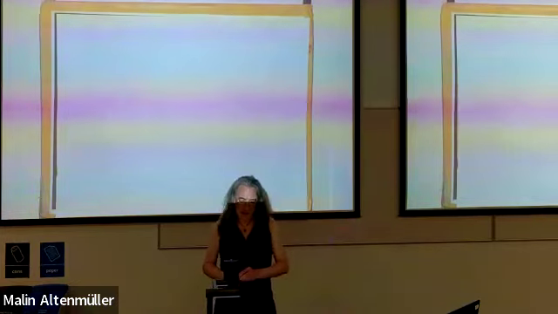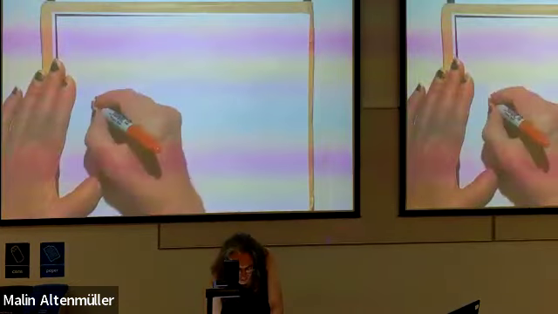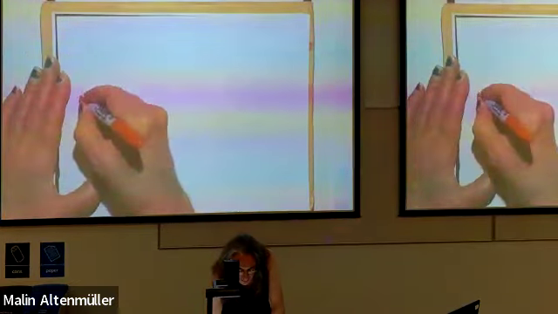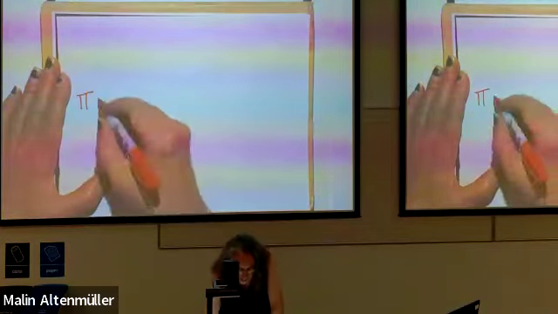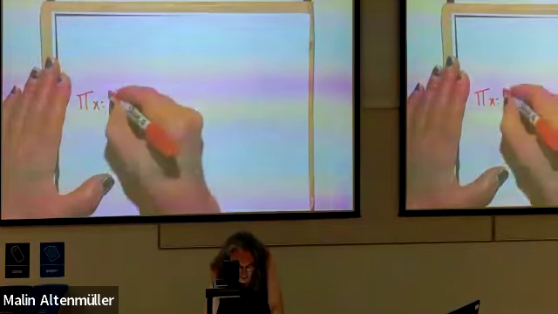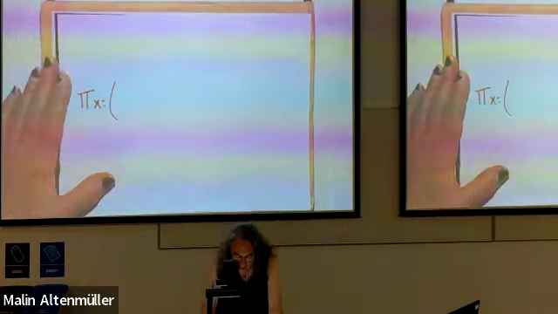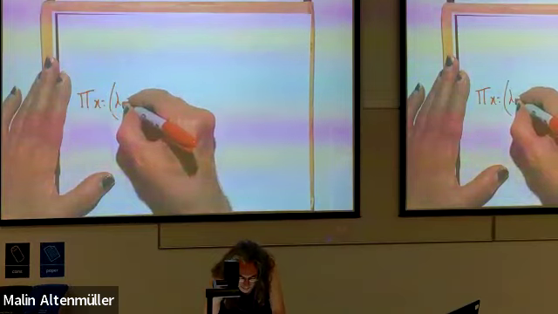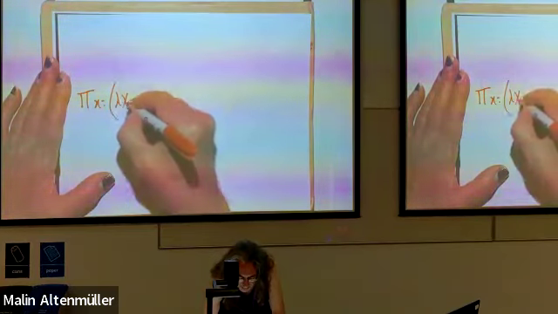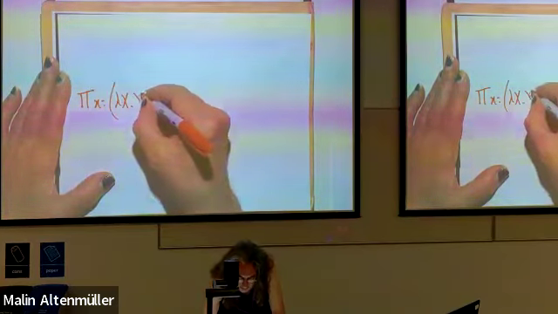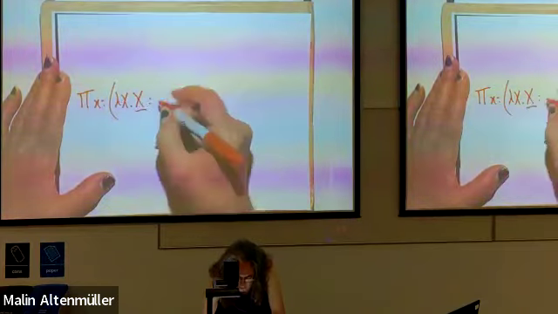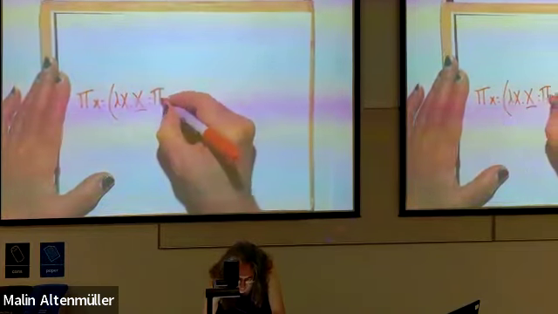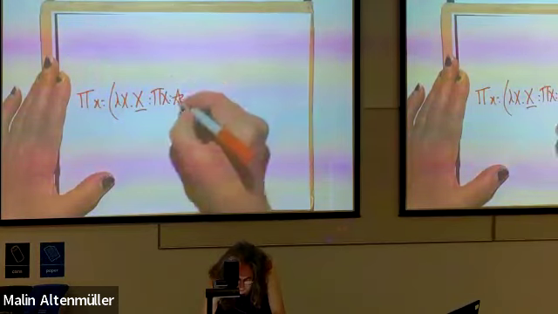Right. So I might have a type which looks like pi x lives in, and then here I'm going to write lambda x dot x radicalized at pi x in type.